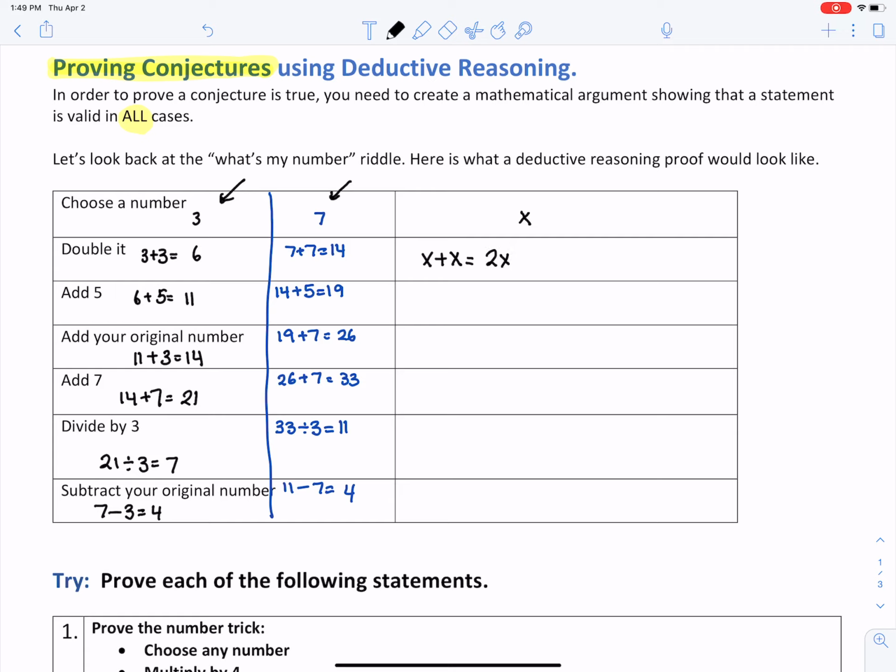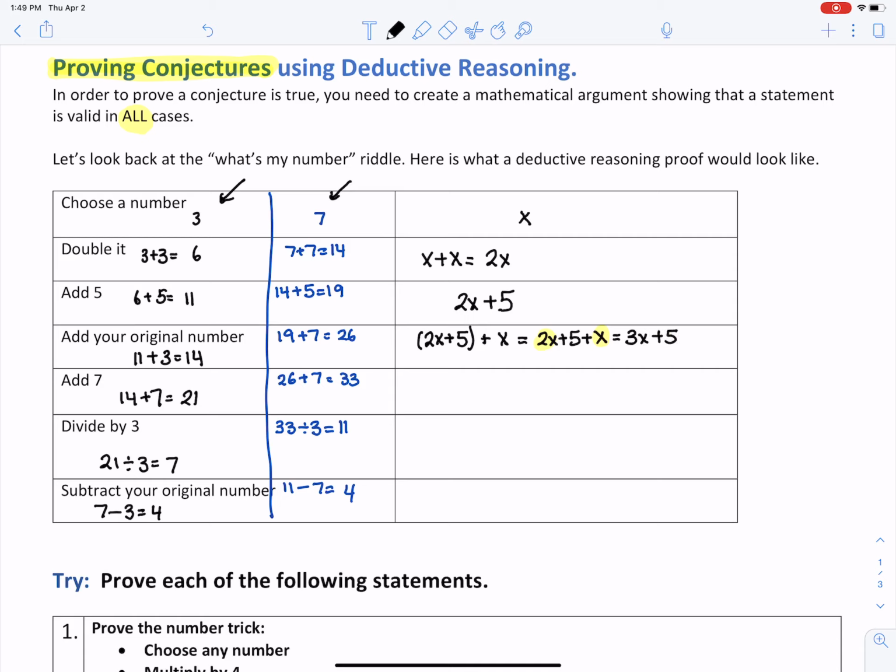I'm going to add 5 to it, so I'm going to take my 2x and add 5. Add on my original number, so I'm going to take the previous step, 2x plus 5, and add on my original number, which was x. Now I'm going to open up the bracket, 2x plus 5 plus x, and I have like terms here, so 2x plus 1x is 3x plus 5.